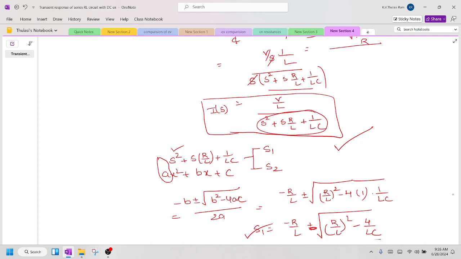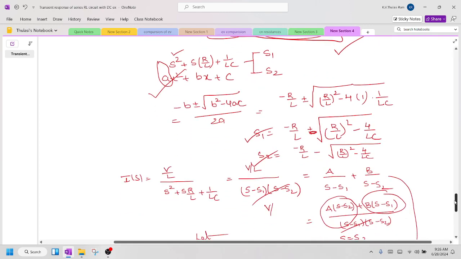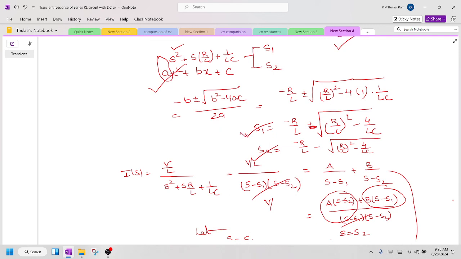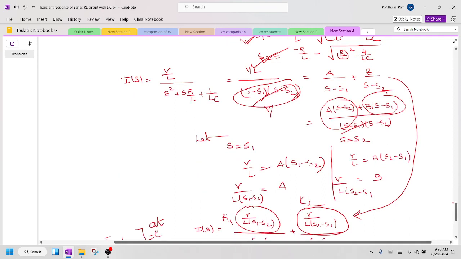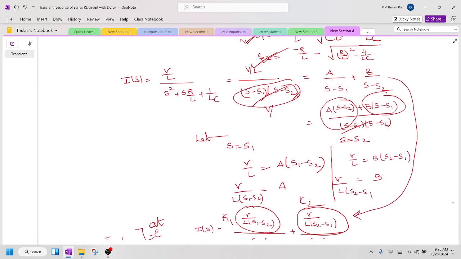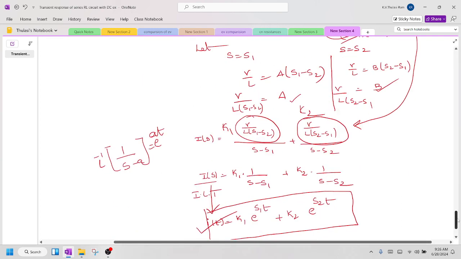The resultant equation is V by L into s square plus s into this, nothing but a second order equation, and a second order equation will have two roots that we write as S1 and S2. We express the two roots in the format s minus a and s minus b, where a and b are nothing but S1 and S2. To solve this we applied the partial fractions method, found the unknown constants A and B, and substituted in this expression.